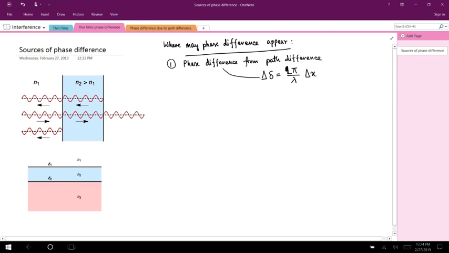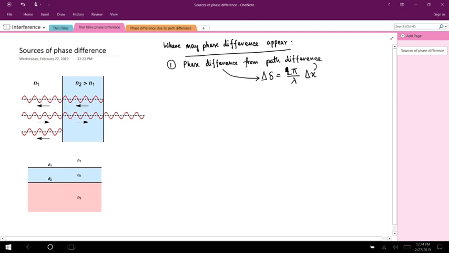So this is the phase difference, that is the path difference, okay? And then the second one was change in wavelength, so difference in medium slash optical path, slash refractive index. So how does refractive index affect this?